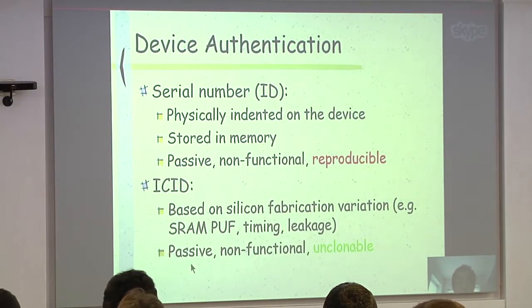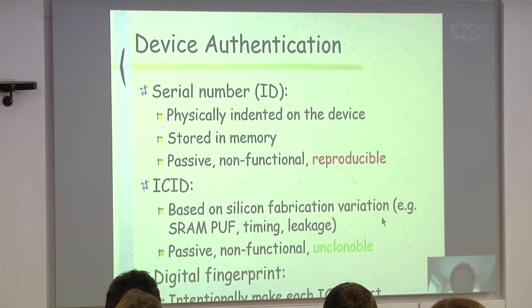Again, they are passive and non-functional, but they are unclonable. From Dr. Gu's talk, I learned what unclonable is. That means even if you know how to fabricate it, it cannot be identical, because of these fabrication variations.